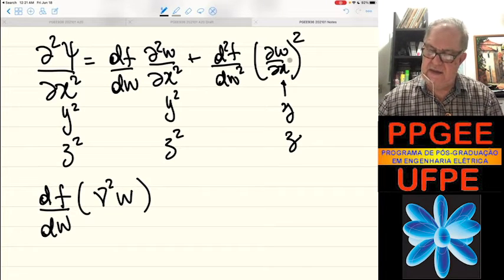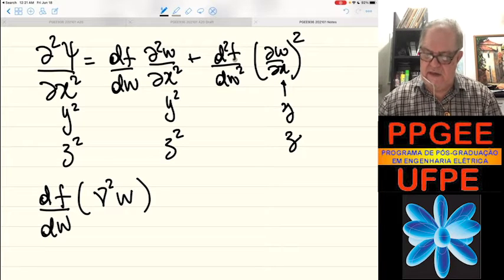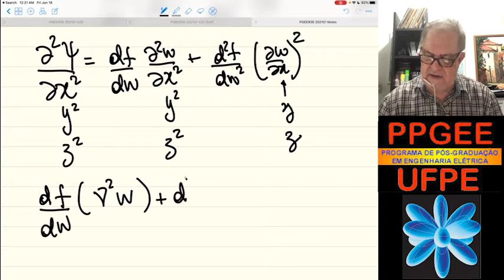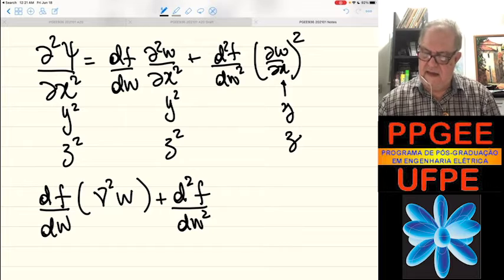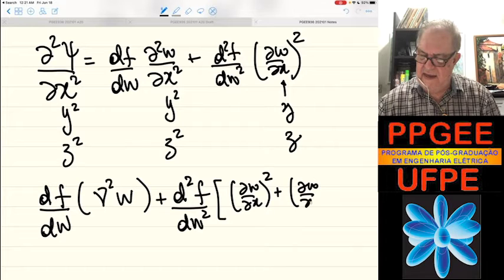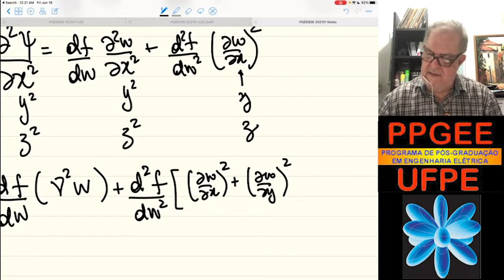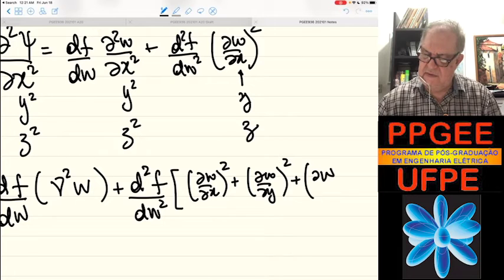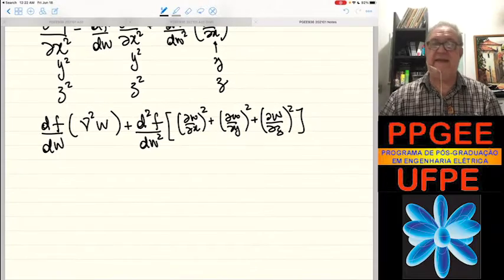Plus the other one is going to be the sum of the squares with this common term. Factor this out, the second derivative of f, and you get the sum of these terms, dw/dx squared plus dw/dy squared plus dw/dz squared. That's only the Laplacian, right?